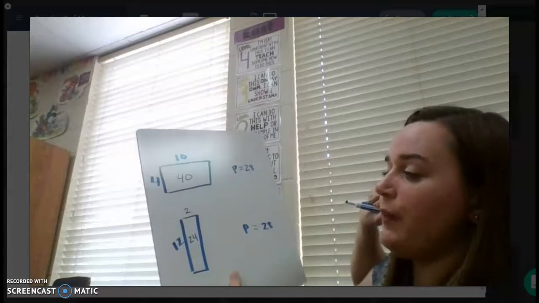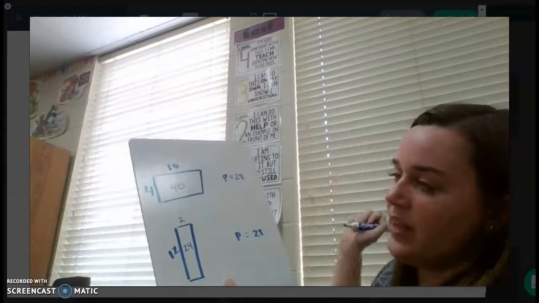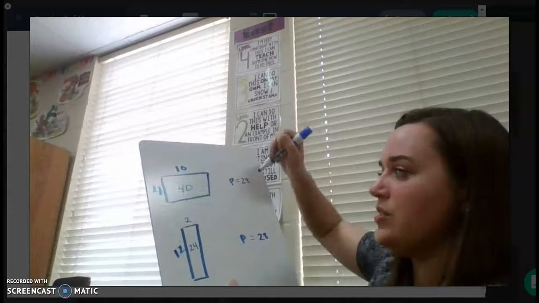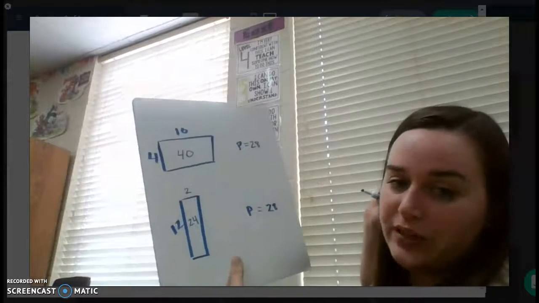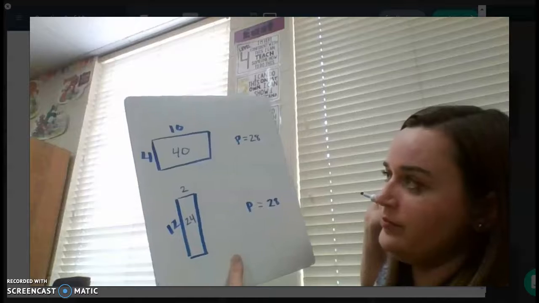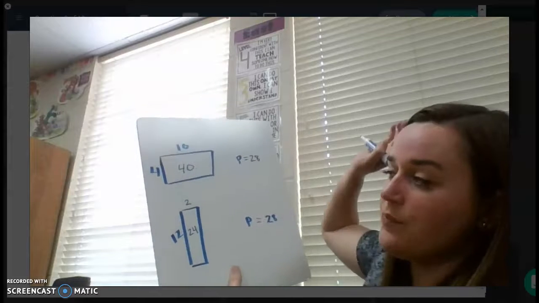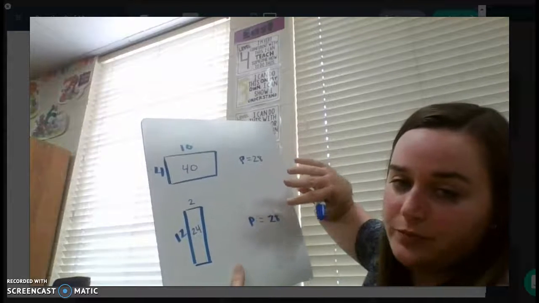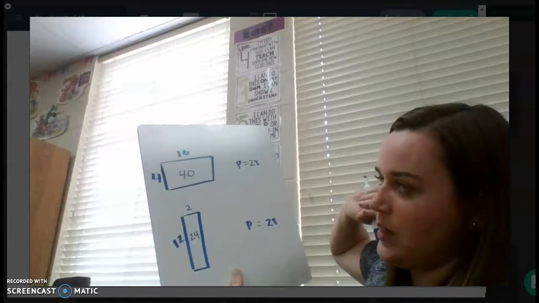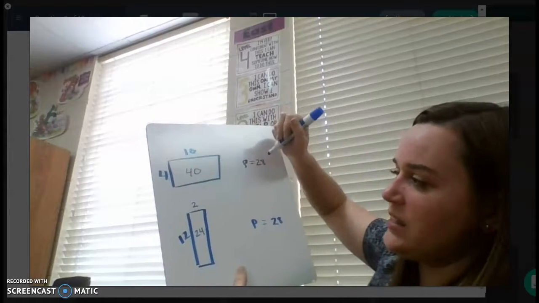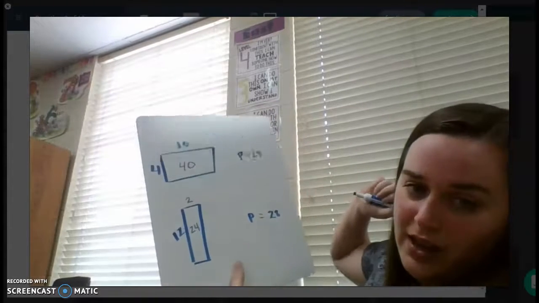Or you can talk about different side lengths, how they can all add up to the same, but when you multiply them together, they will give you different numbers. Now there are many different rectangles that this would work for, but this is the basic concept. They need to add all up to the same, but when they multiply, they'll be different.